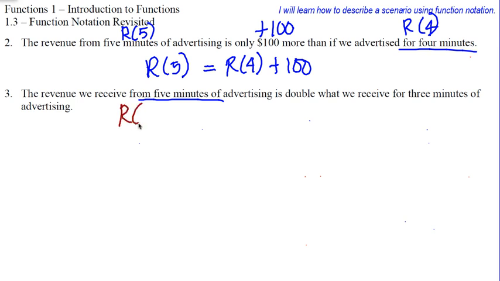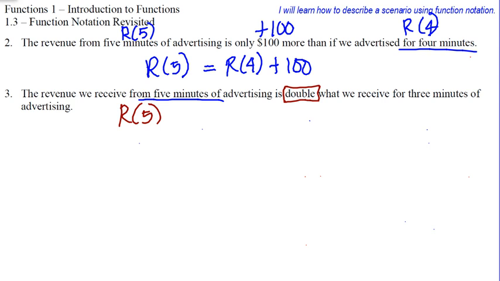So the revenue of 5 minutes of advertising is double. Oh, earlier it says, on the top, it says is only $100 more. And so we decided, okay, because it says $100 more, you just add to it, right? So like R of 4 plus 100.